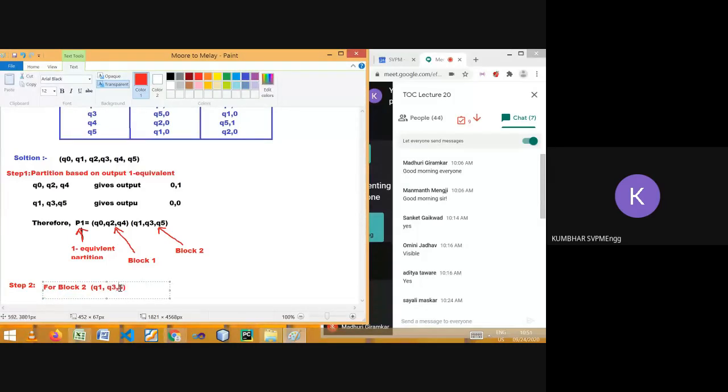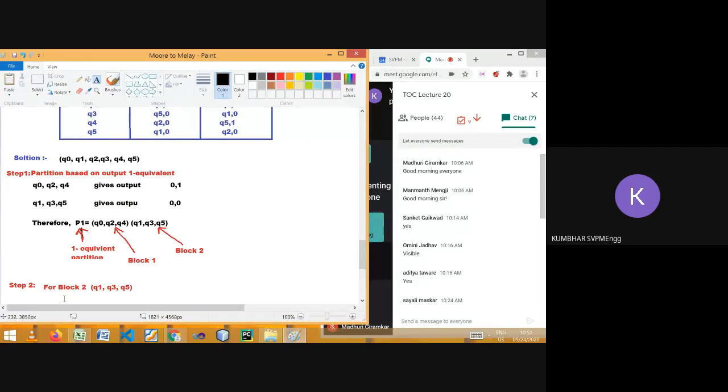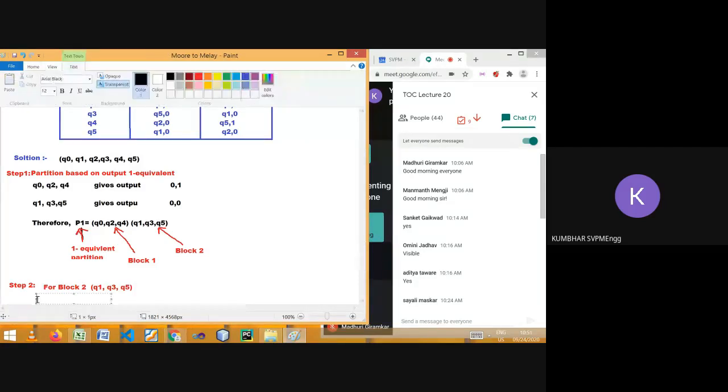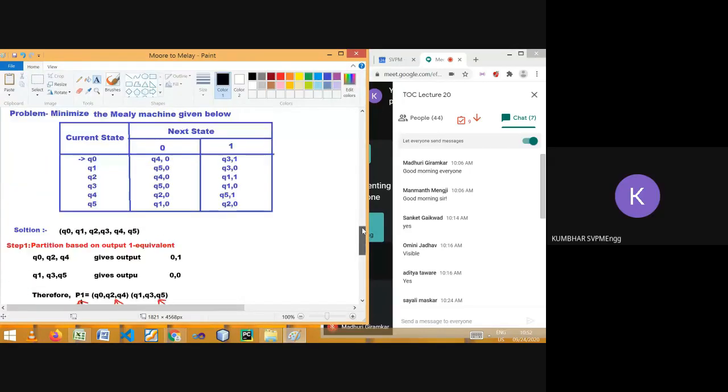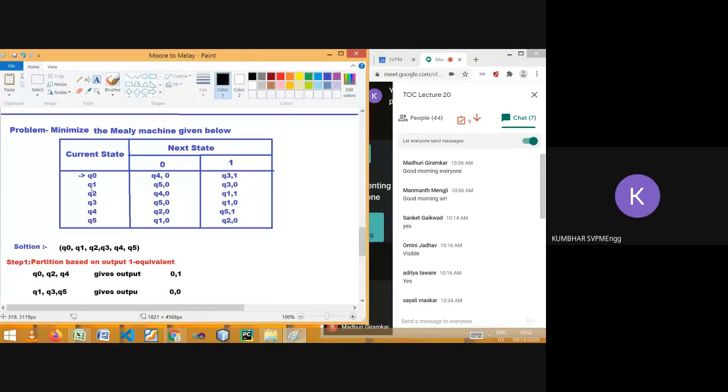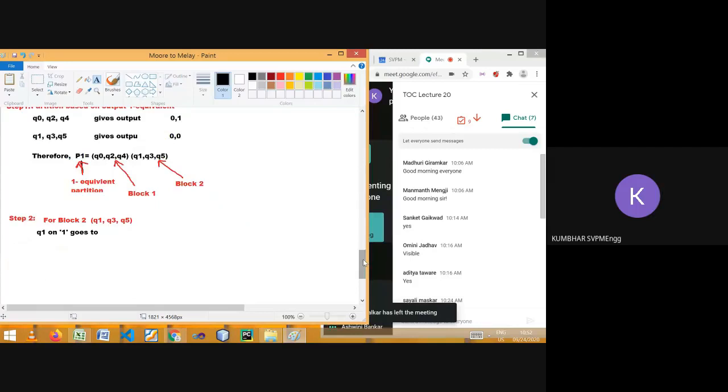Now let's try to find out Q1 on input 1, where does it go? Q3. Let me check. Yes, Q1 on 1 goes to Q3 and Q1 on 0 goes to Q5. So let me write that.